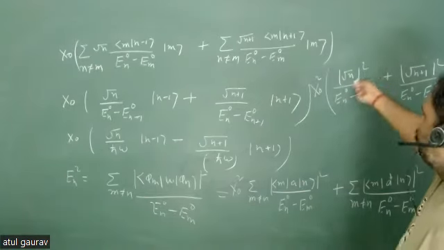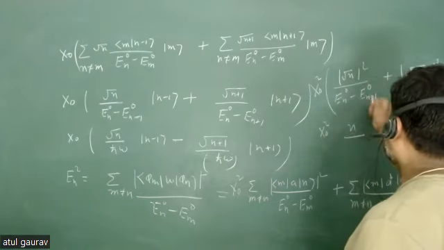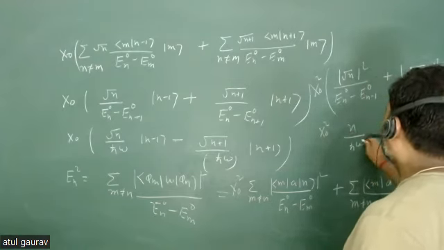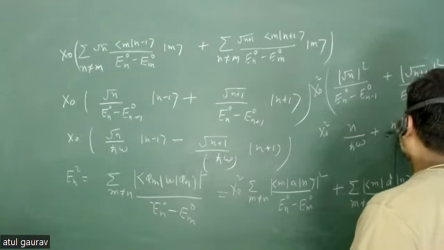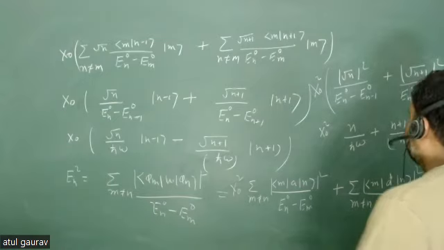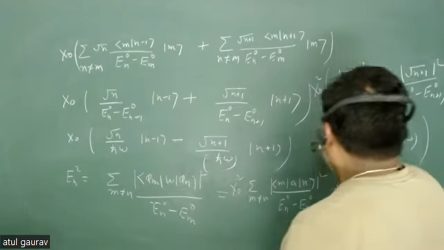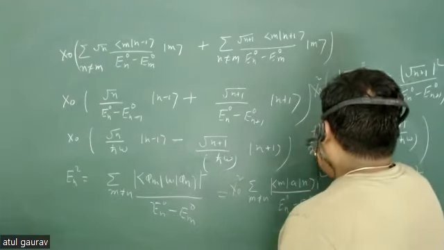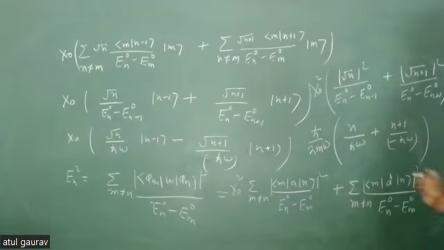Yes sir. So what is your n square? n by this is what? H cut omega. And this will be plus n+1 minus h cut omega. Yes. And what is your x0 square? h cut upon 2m omega. Very good. So now क्या हो जाएगा?